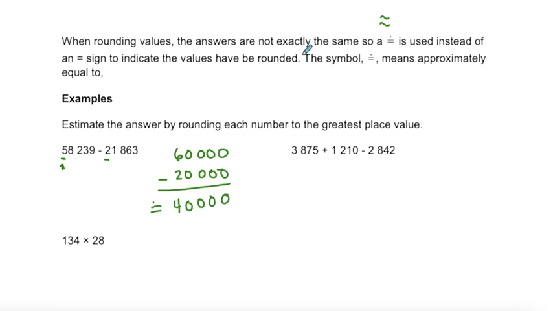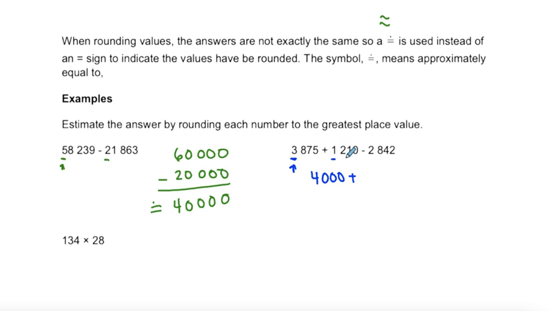For my next one, I want to round my numbers to the greatest place value. In this case, it is the thousands position in my first number. The number to the right is an 8, so I have to round that up to a 4. I can either line it up as I did here, or I can write it vertically. So I can write 4,000 plus, and I also want to round to the nearest thousands for my second number.